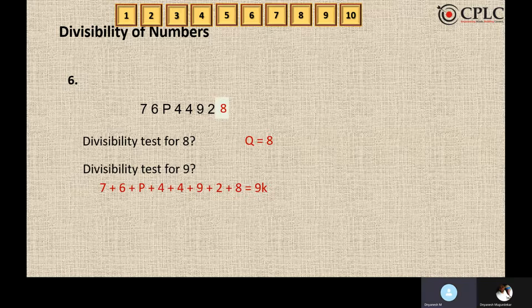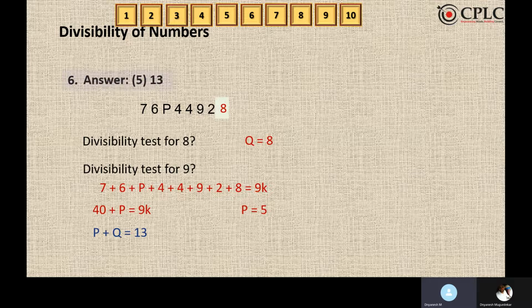That means P has to be 5 because 40 plus 5 is 45, and 45 is divisible by 9. So P is 5, Q is 8. The question was the sum of P and Q. The sum of P and Q is 5 plus 8, that is 13. Answer option 5. You just have to know the divisibility of 8 and 9 and apply.